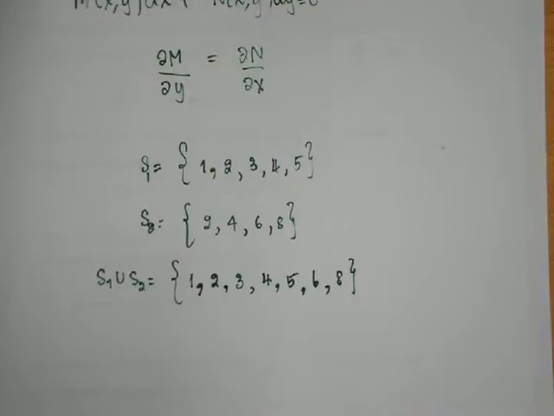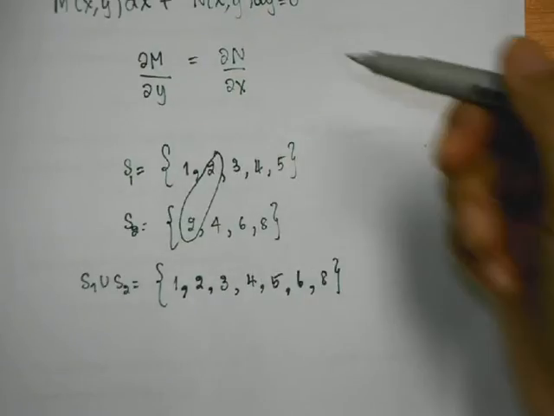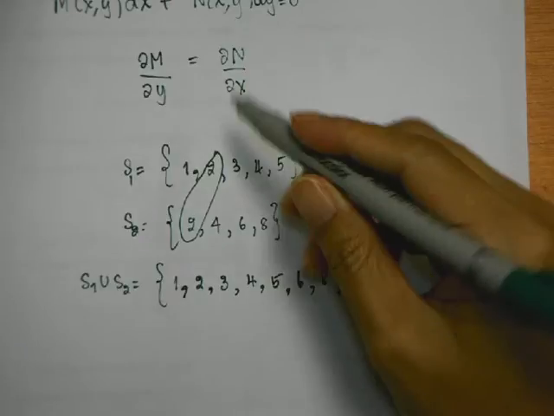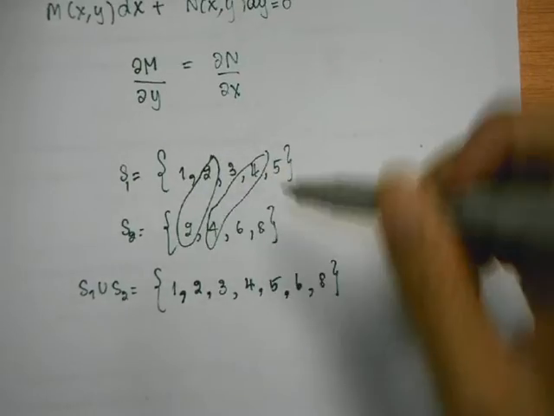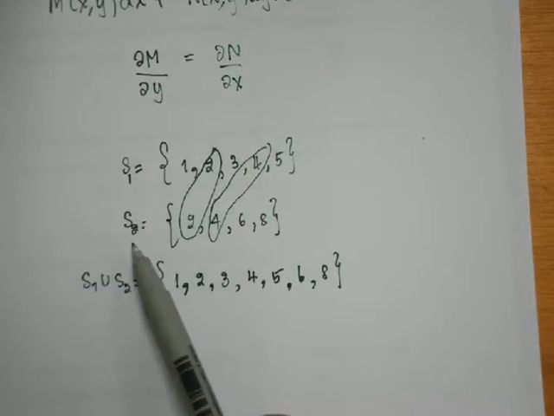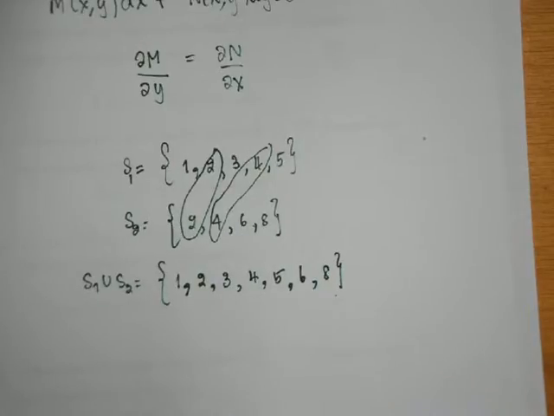No 7, because we have no 7 right here. So if any number is in both S1 and S2, you pick it only one time. But if a number is not in S2 but is in S1, you take it. And the ones that are not in S1, you pick them too. Any number that appears in both S1 and S2, you pick up only one time.